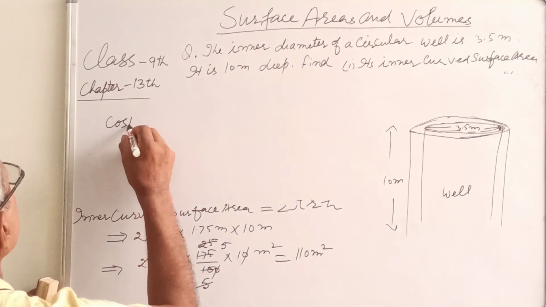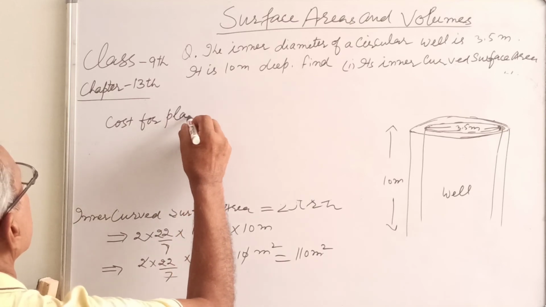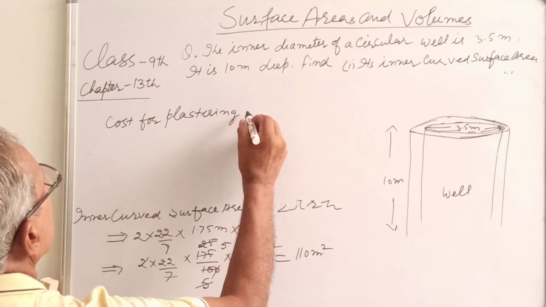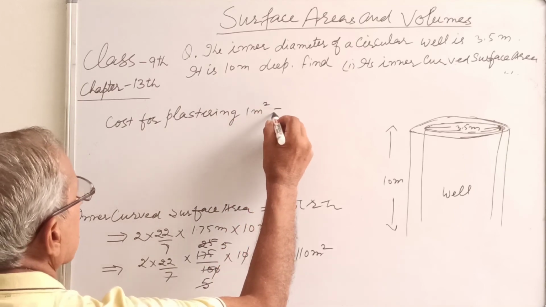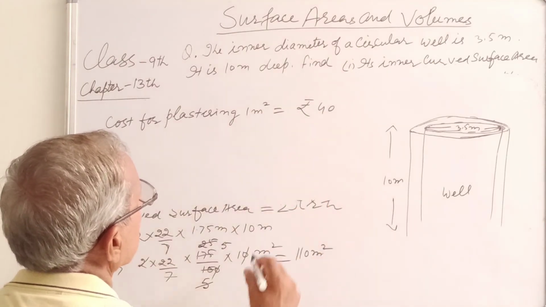Cost for plastering 1 meter square is equal to rupees 40.